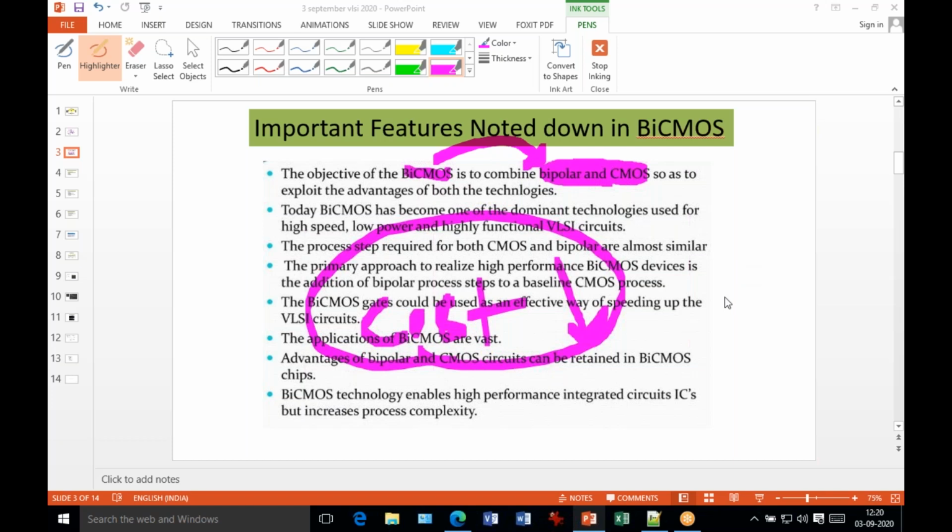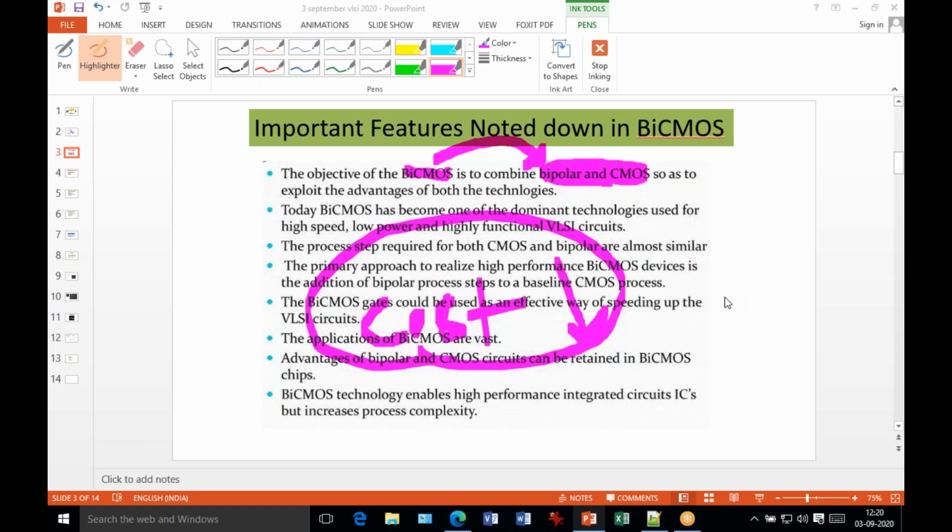Okay, so I already discussed the cost point of view. This technology's cost is not very high. It is good, because here we are using a single wafer. On the single wafer, you have to fabricate a bipolar and CMOS.